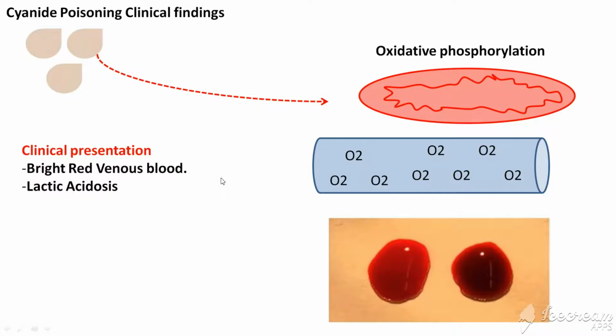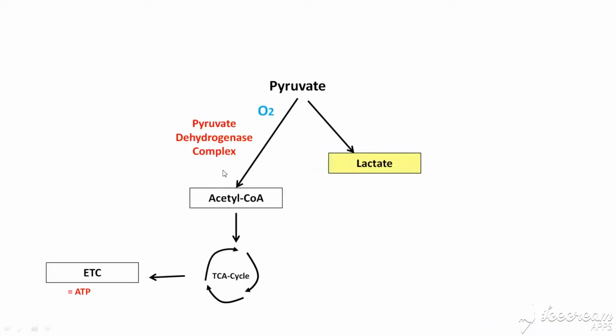These patients can also develop lactic acidosis, and the reason for that is that, like we said before, pyruvate is going to be converted to acetyl-CoA, where it enters the TCA cycle, where it produces NADH and FADH. NADH and FADH are then going to enter the electron transport chain to produce ATP. Now, this process requires oxygen to be present and utilized in order for it to go through.